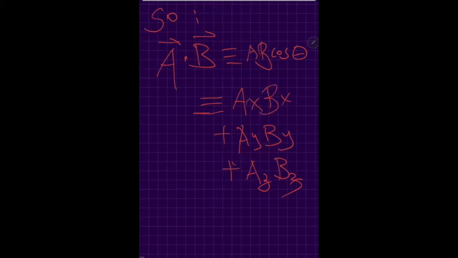The dot product is the sum of the like components of the two vectors: the product of the x components plus the product of the y components plus the product of the z components, and that's all a pure number. So these two are equivalent for the dot product. They both mean the same thing, but they're useful in different circumstances.